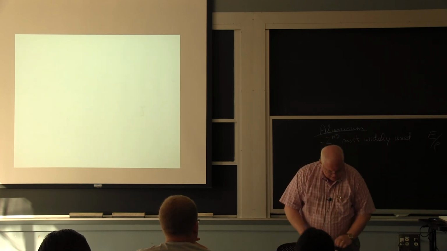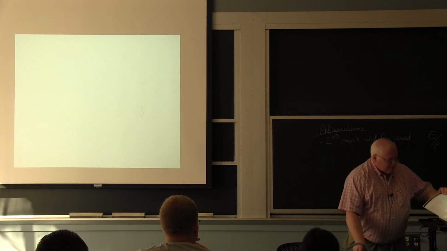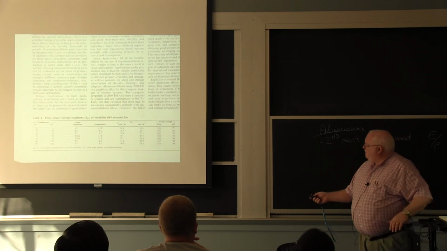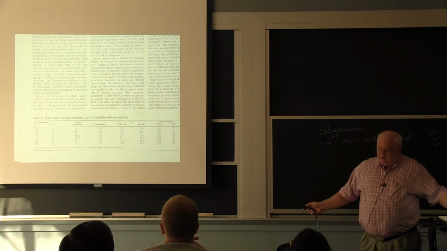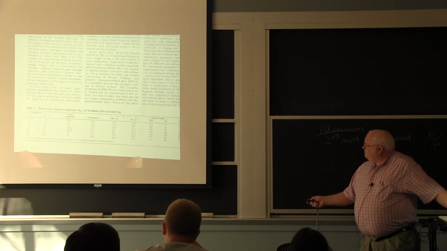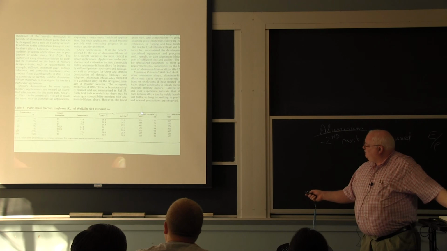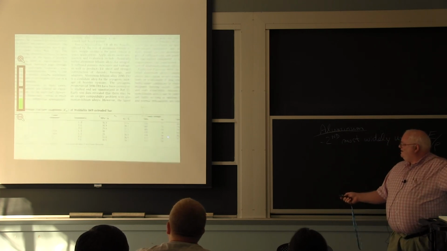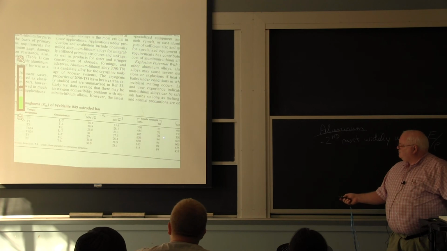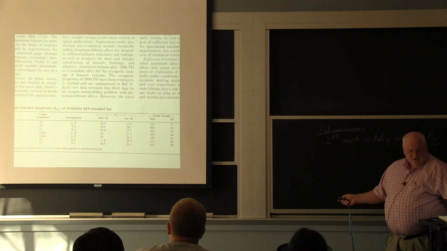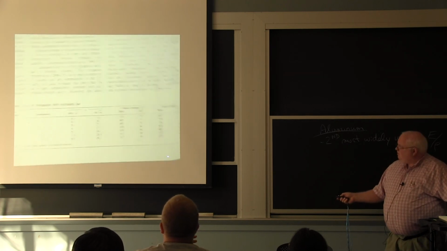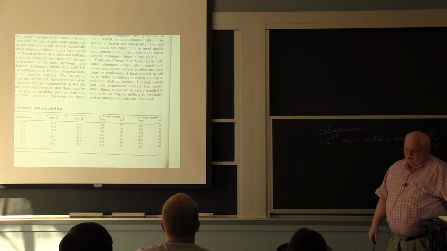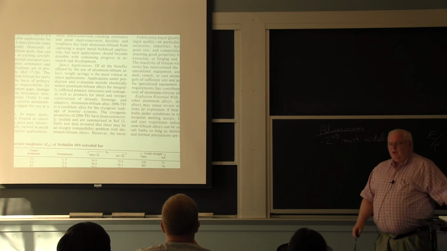Actually, I should have left this one up, or maybe I didn't even put it up. These are some of the aluminum and lithium alloy properties. If you look at tensile strengths, you can get 90,000, 94,000 KSI tensile strength. The yield strength would be 60 to 88 in these aluminum lithium alloys.